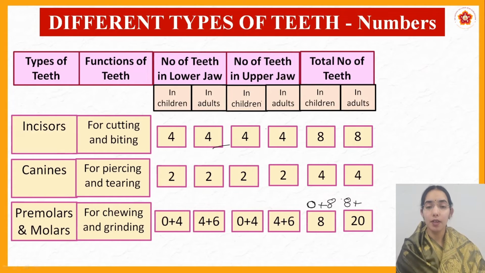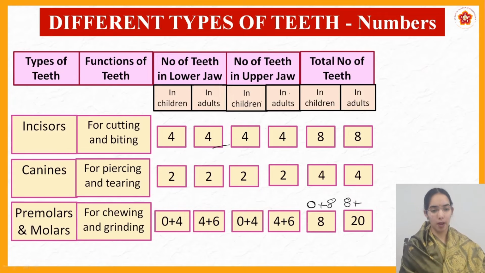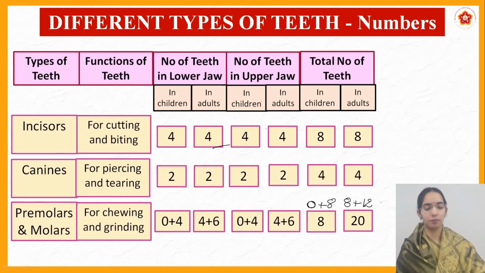Now what about in adults? So we have 3 molars on either side of the lower jaw and 3 molars on either side of our upper jaw. So 6 plus 6, which is 12. So adults have 12 molars in total.